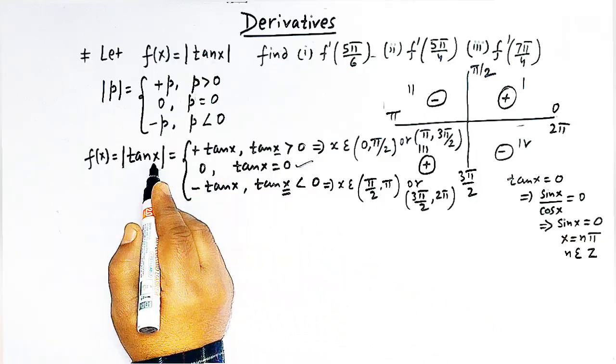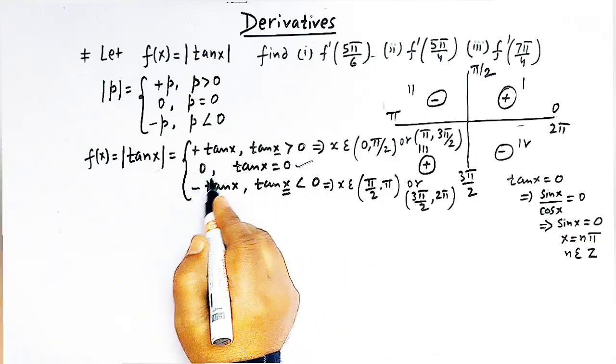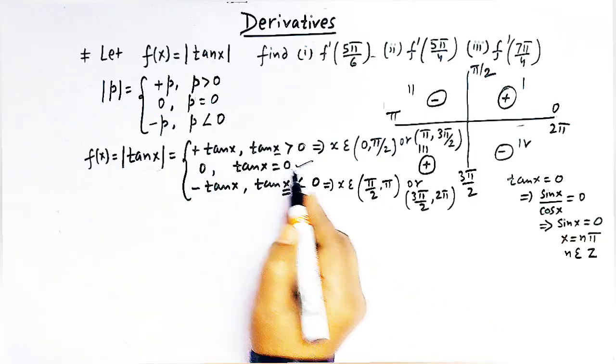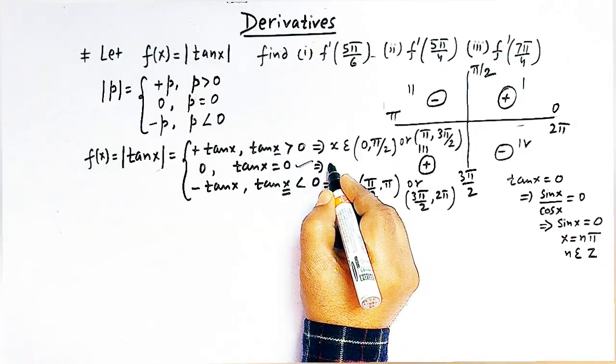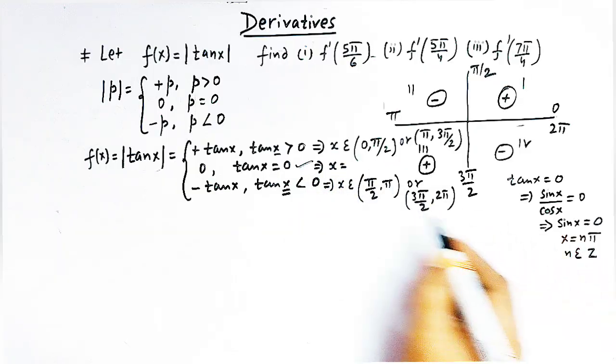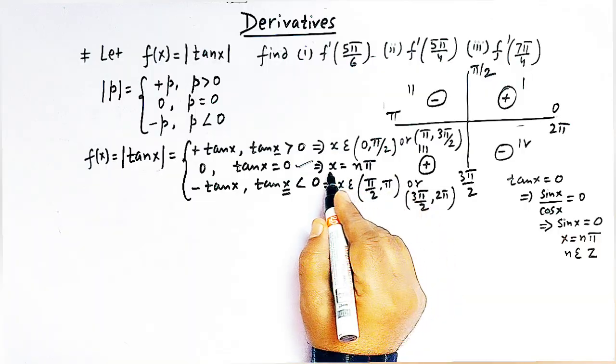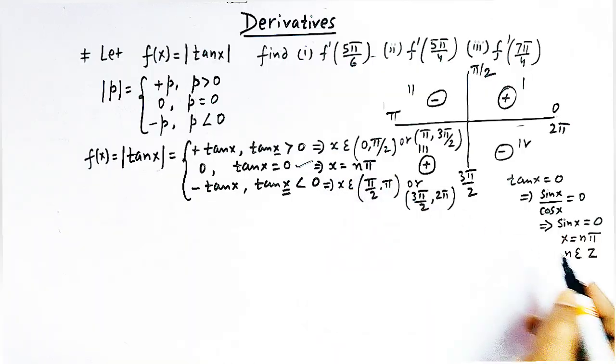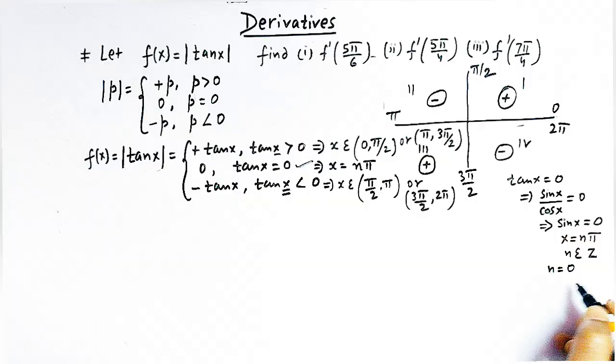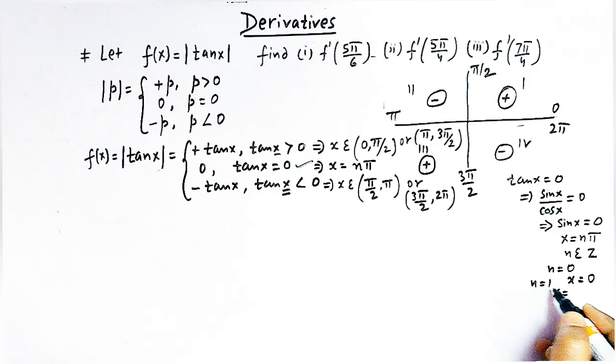So mod of tan x is equal to 0 when tan x is equal to 0. This implies that x should be an integral multiple of pi, that is x is equal to n pi. When we take n equal to 0, the value of x is 0. Similarly, when n is 1, then x is equal to pi, and so on.